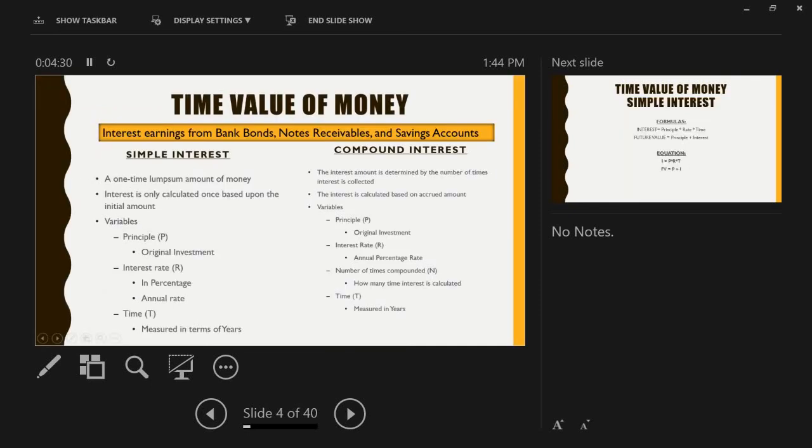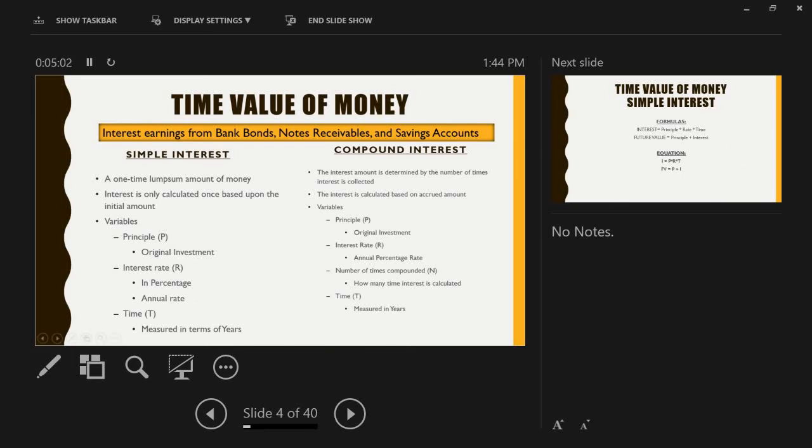So the whole thing about understanding time value of money is that we're going to be looking at the interest perspective, okay? But I also want to show you something more applicable to your life, the typical one, a credit card, okay?